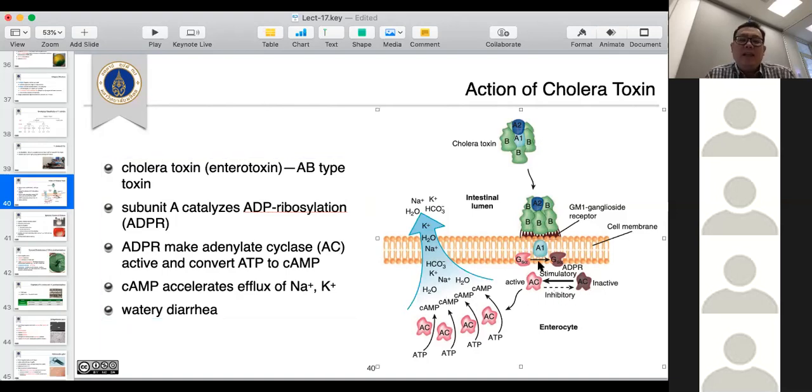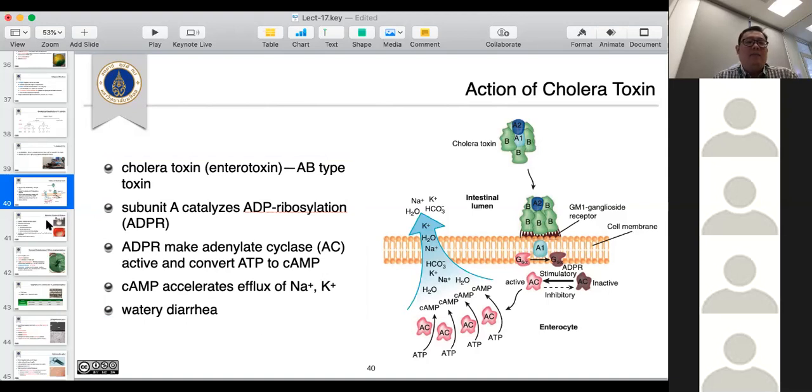The adenylate cyclase increases the efflux of sodium, potassium, water, and so many ions, carbonate ions also. When the ions move into the lumen of the small intestine, water moves together with the ions. Then the patient gets severe watery diarrhea.